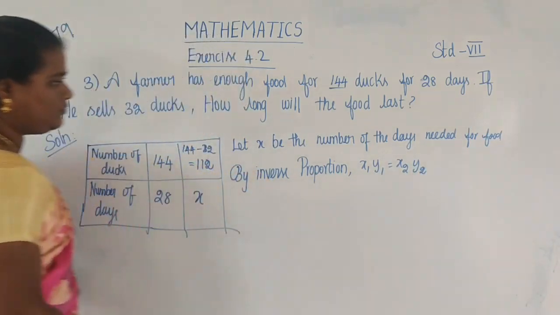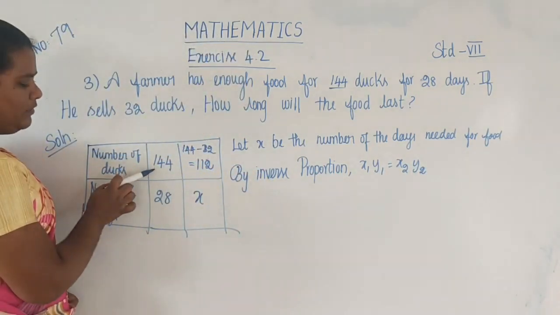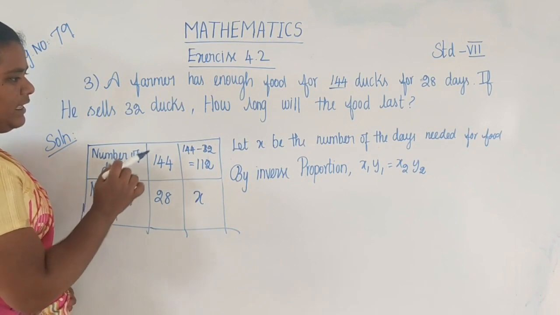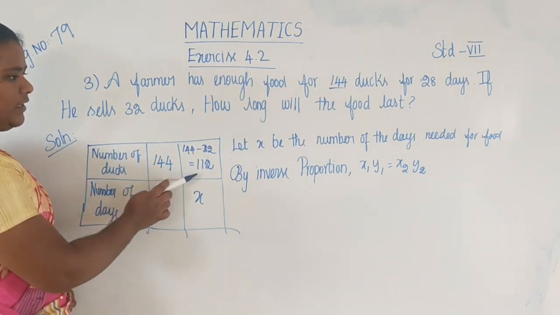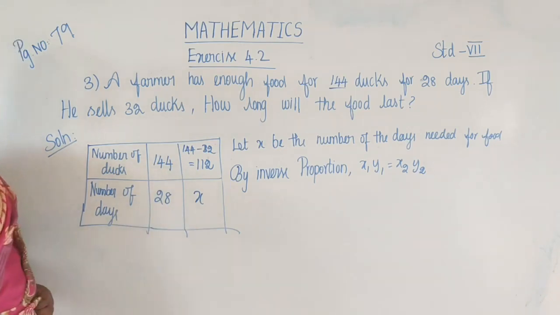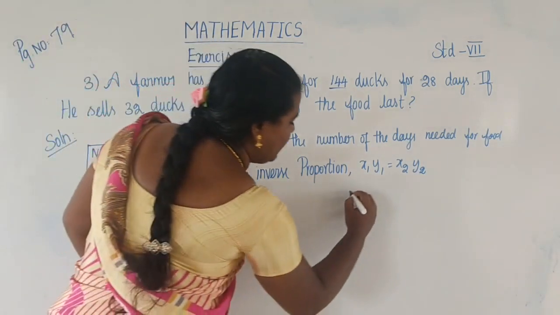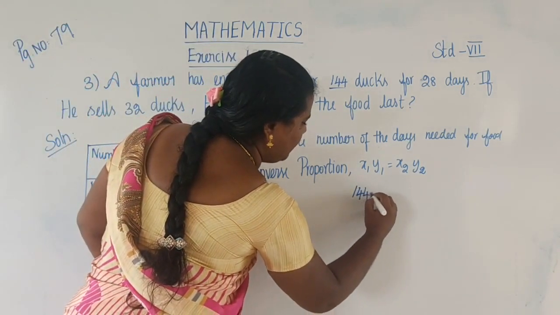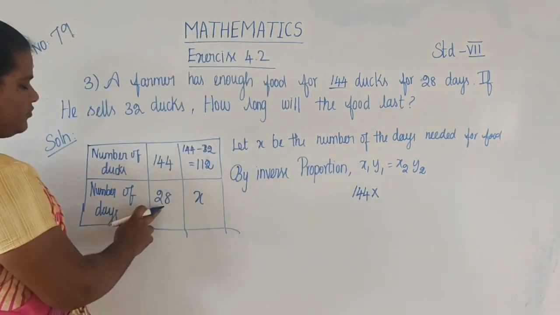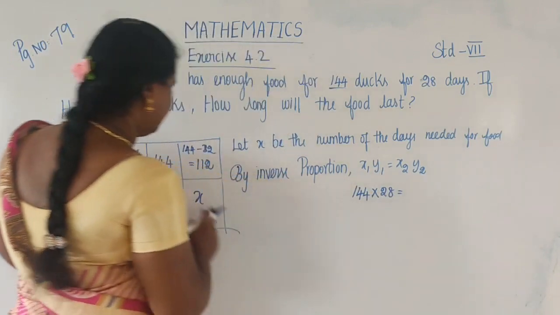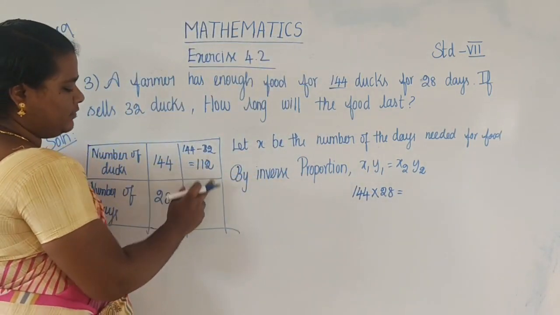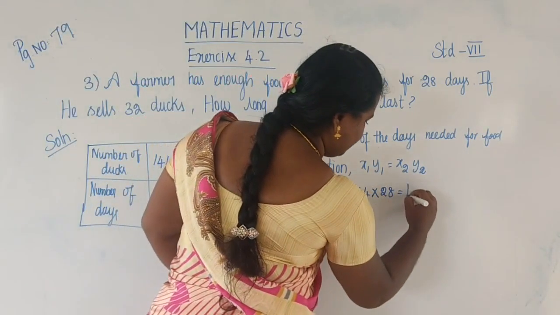Where is x1? Good. 144 is x1. This one is y1. This one is x2. This one is y2. So 144 multiplied 28 equal to 112 multiplied x.